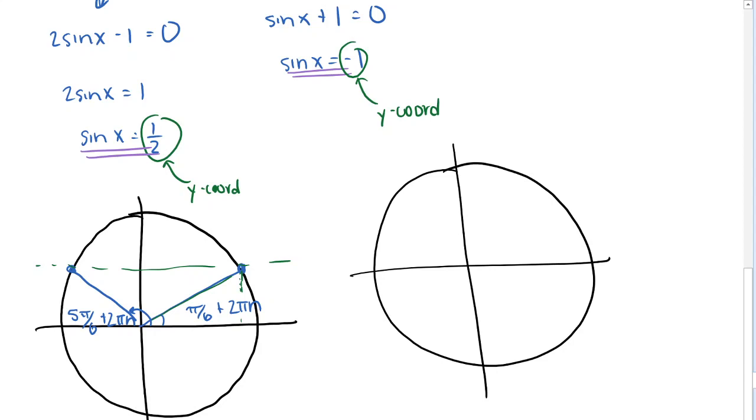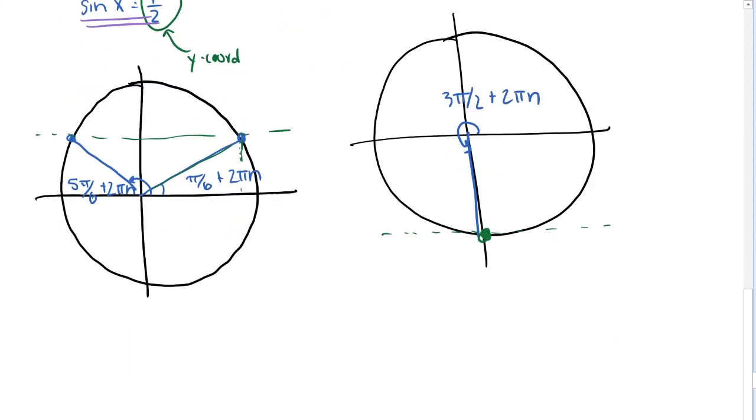So here we're finding angles that give us a y coordinate of negative 1. And so there's the y coordinate of negative 1 on my unit circle. It's at the very bottom. And the angles that do the job here are, well, really 3 pi over 2 is one such angle. And any coterminal angle. Right, so plus 2 pi n.